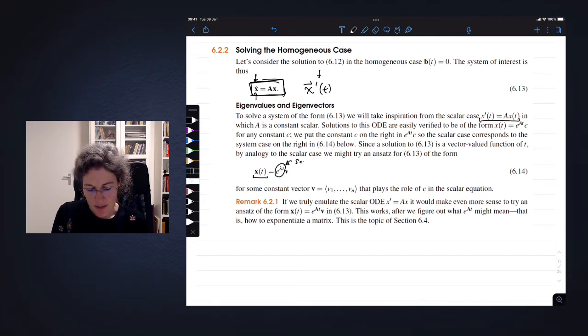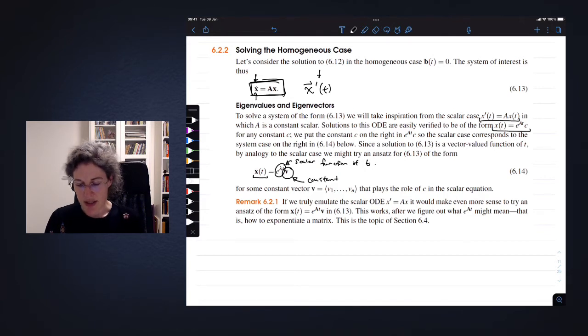So this is a scalar, and it's a scalar function of t, times by some vector v, and this is going to be a constant. So we're comparing this with the solutions that we tried of the form e to the at times c. So we're doing something similar here.